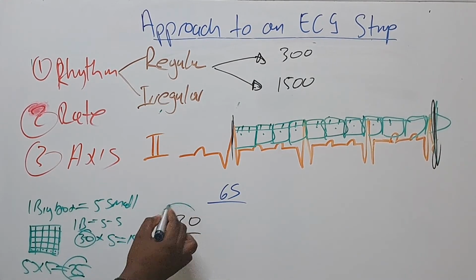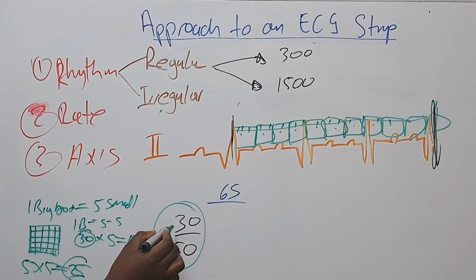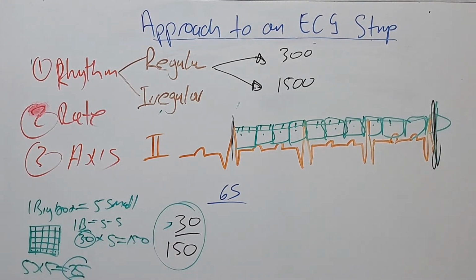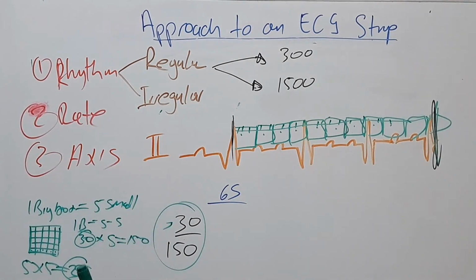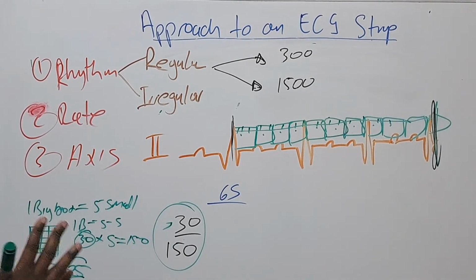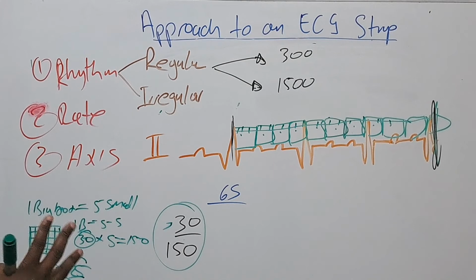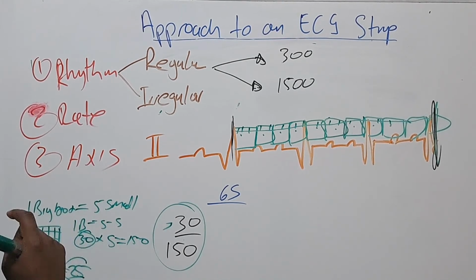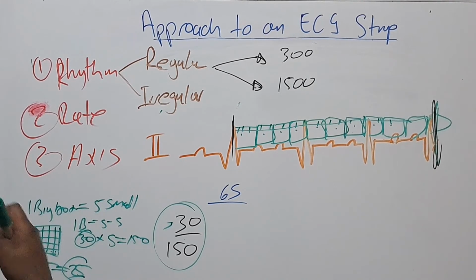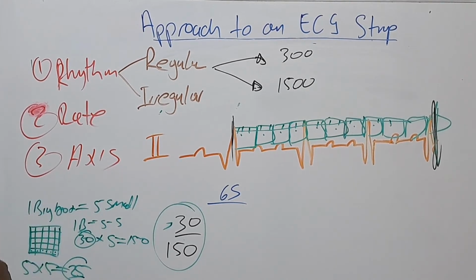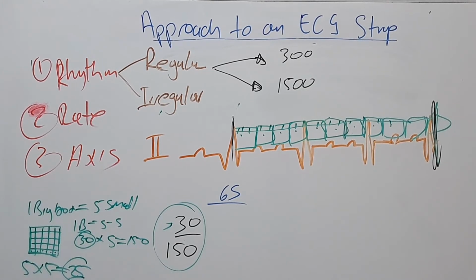So that's the relationship between these two numbers. Like I'm saying, if you count these big boxes, there should be 30 to confirm that it's a 6-second strip. If you don't want to count the big boxes, then you can count the small boxes, but they must be 150 for you to say it's actually 6 seconds.